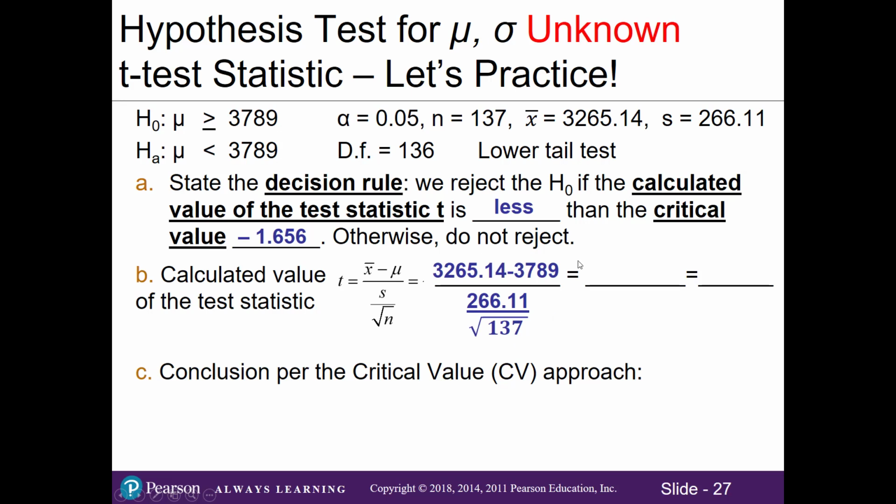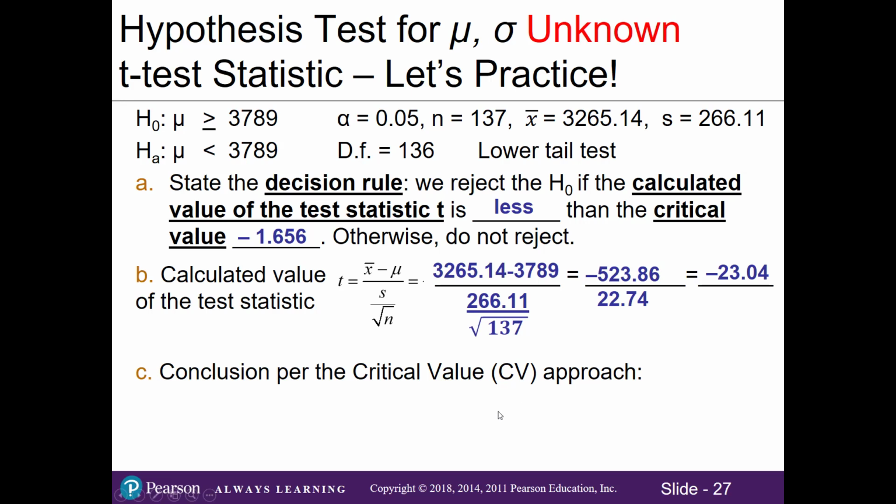Remember, solve the top separately from the bottom so that you avoid any errors in order of operation. So my sampling error is negative 523.86, and our standard error is 22.74. Then divide the two numbers, and I get a test statistic of negative 23.04.